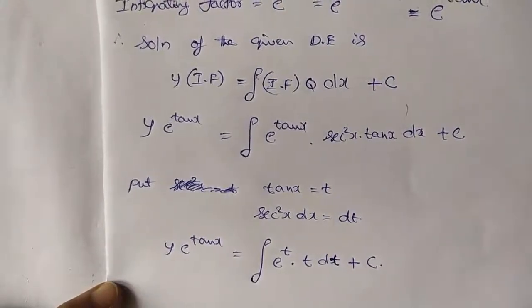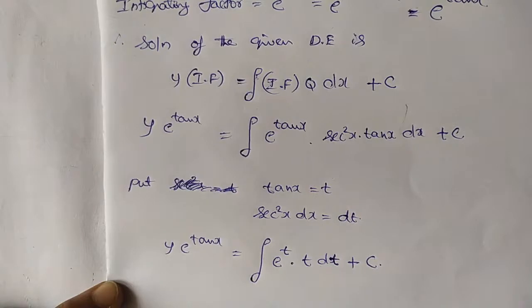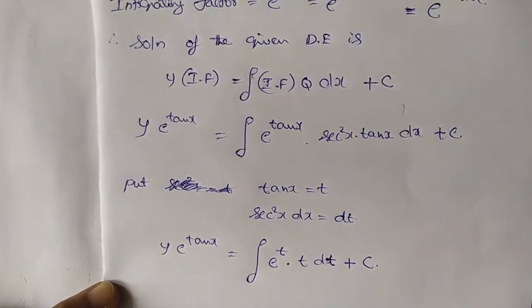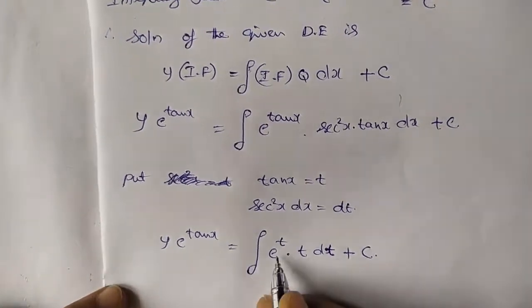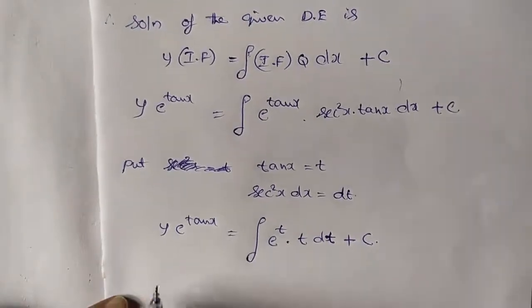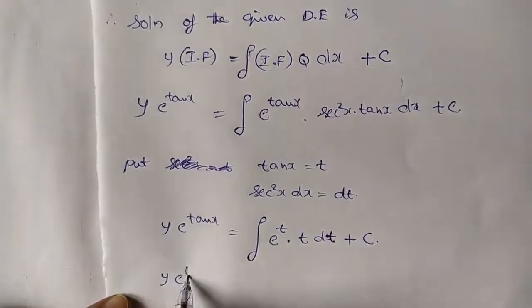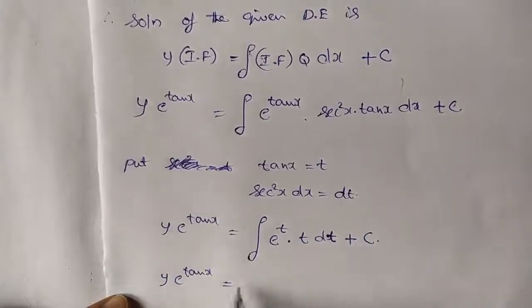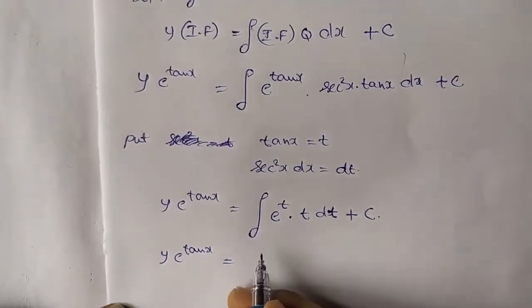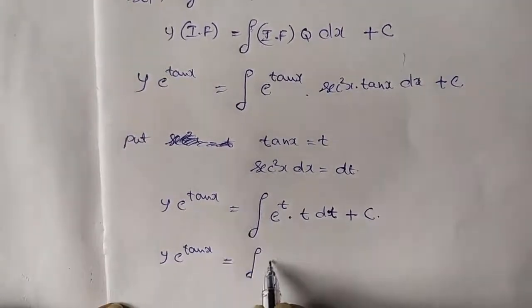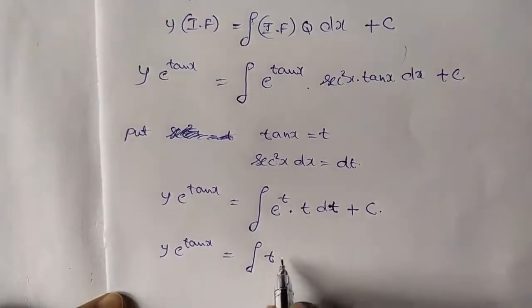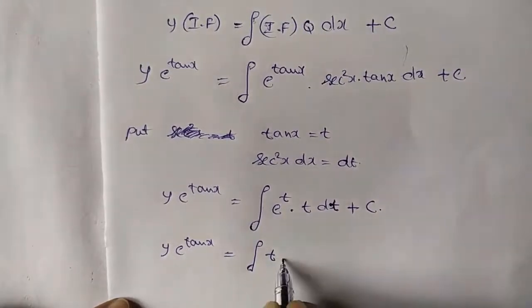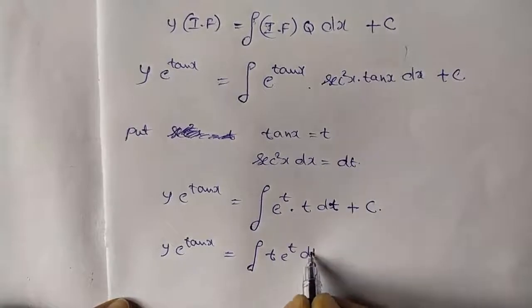Now once again apply integration by parts for e power t into t. So y into e power tan x equals integration of t. First we have to consider t as the first function, into e power t dt plus c.